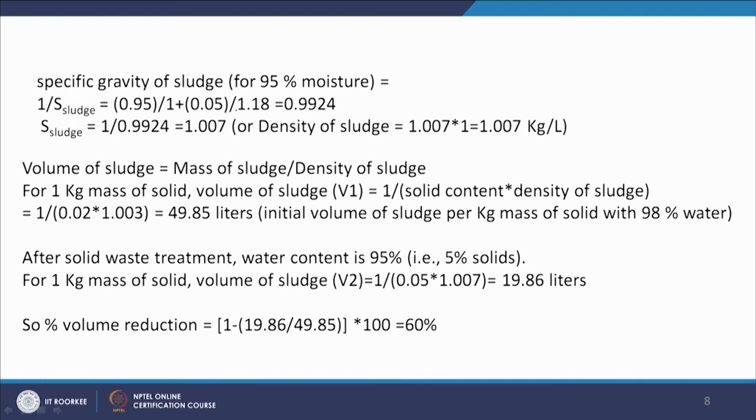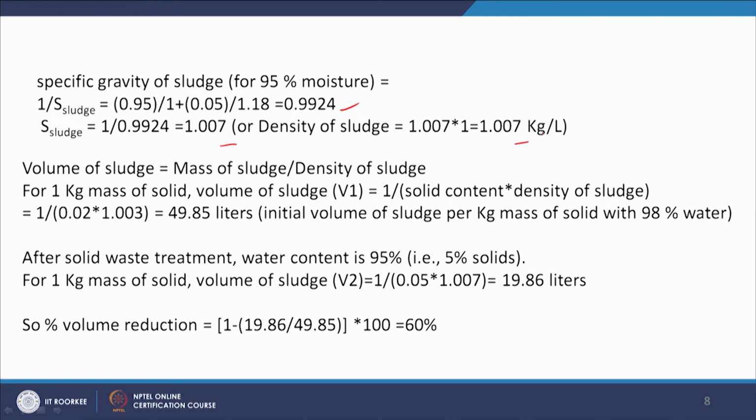We are considering that the 30% and 70% ratio remains the same in both cases. So, here we get 1 by S sludge equal to 0.9924. So, S sludge is equal to 1 divided by 0.9924, that is equal to 1.007, or density of sludge is equal to 1.007 into 1, that is 1.007 kg per liter.